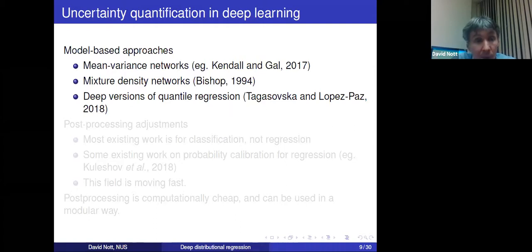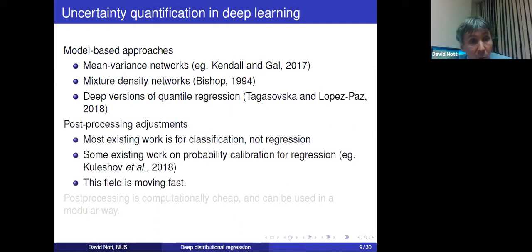An alternative to that sort of model-based approach is a more modular approach based on some kind of post-processing adjustment. A lot of the existing work on post-processing adjustments is for classification problems rather than regression. But there's some existing work on calibration for uncertainty quantification for regression.